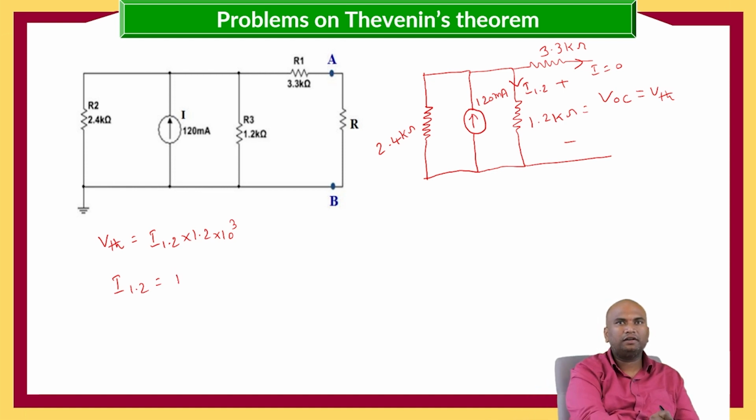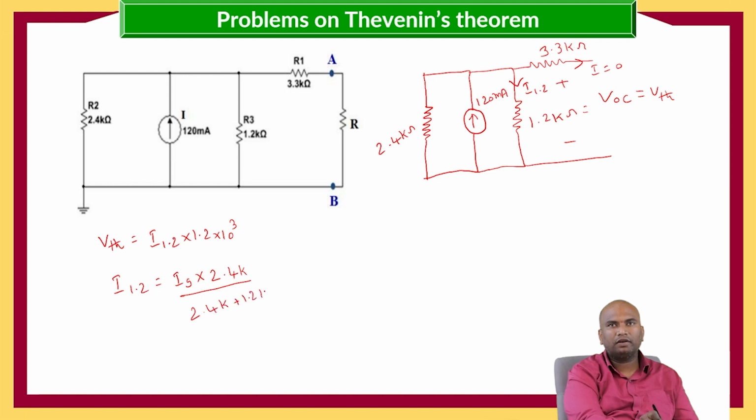So the source current is multiplied with the opposite resistance, that is 2.4 kilo ohms, divided by 2.4 kilo plus 1.2 kilo, which is equal to 120 into 10 to the power of minus 3 into 2.4 into 10 cube divided by 3.6 into 10 cube.